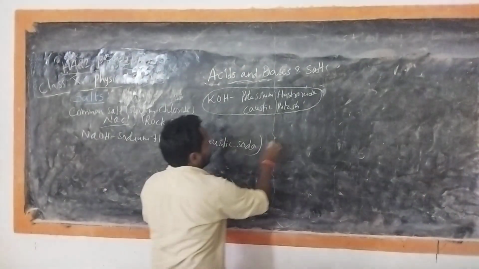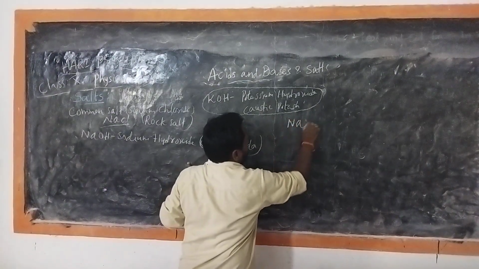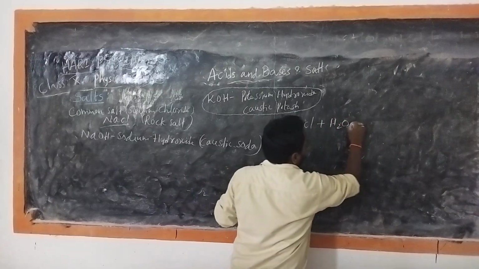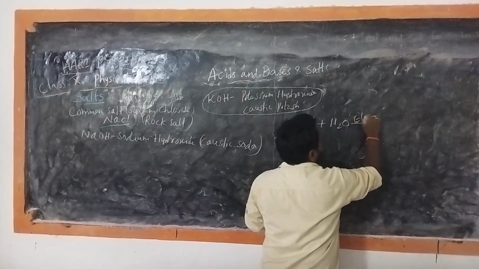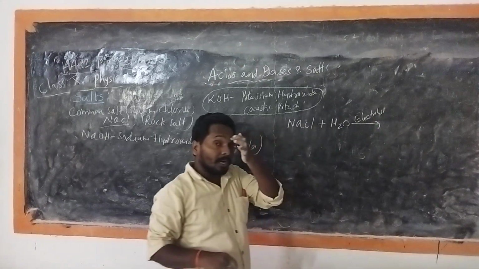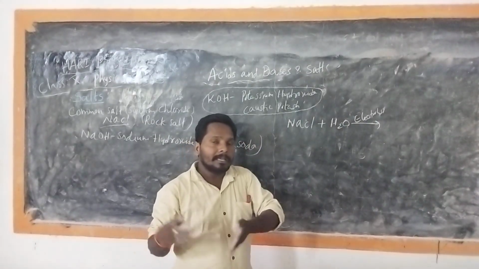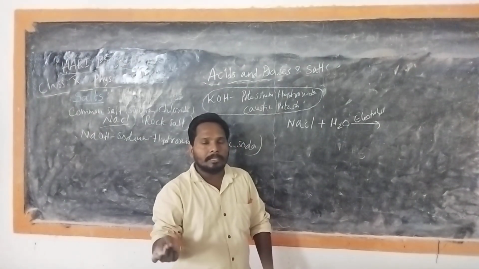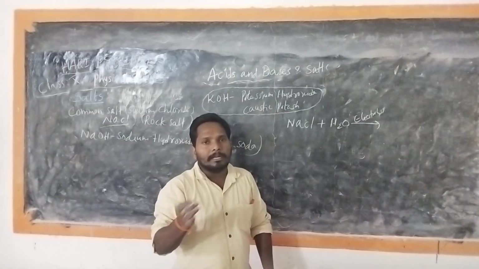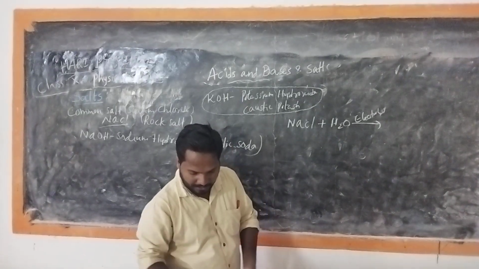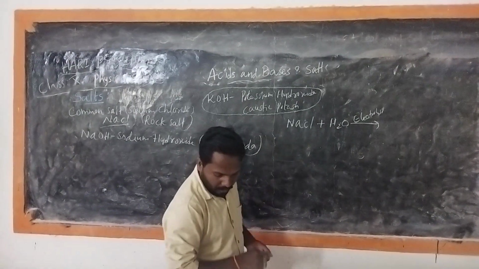So, sodium chloride plus water, electrolysis. Electrolysis means passing electricity through the solution, and the compound in the solution dissociates into ions. So how is this formed?